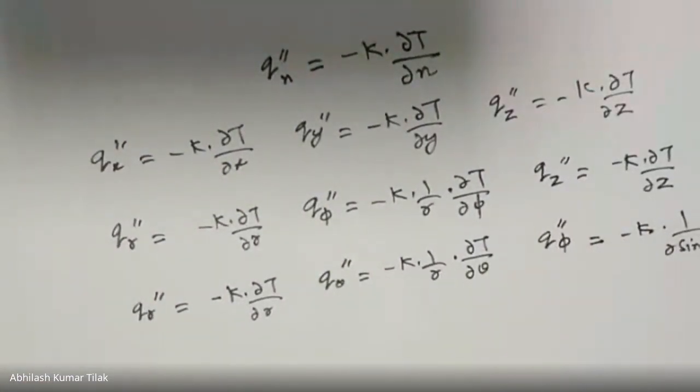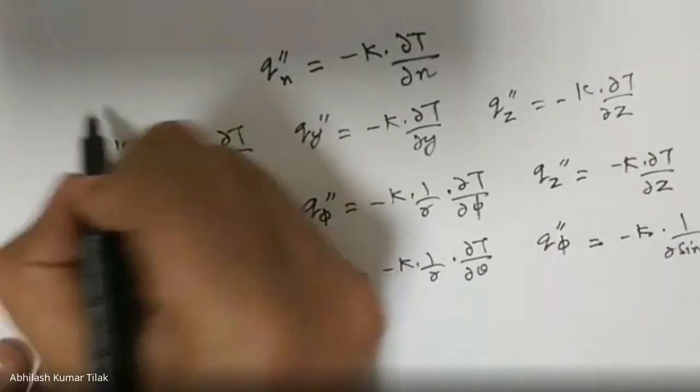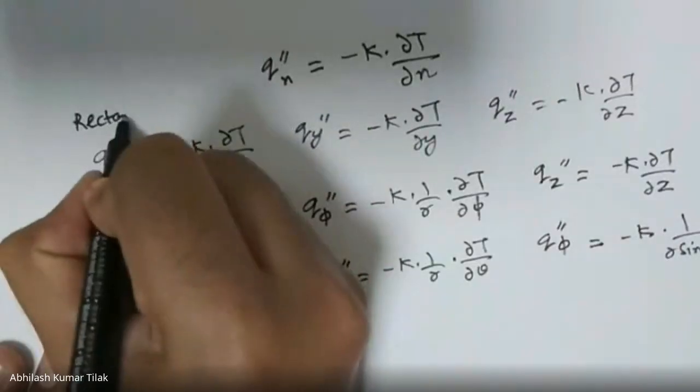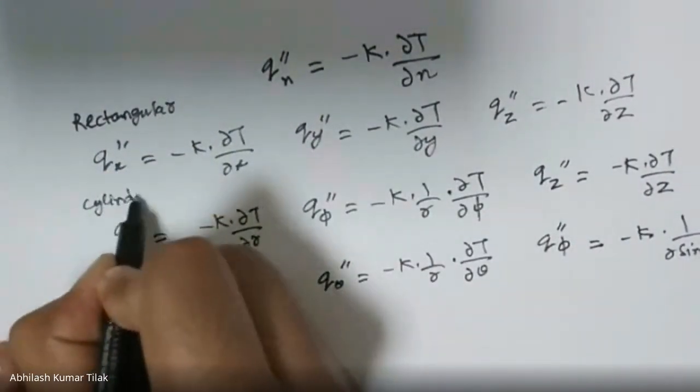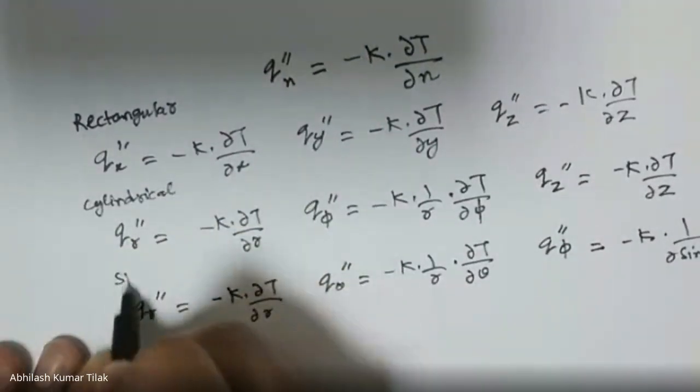So these are the values for the heat flux in the different coordinate systems: first is the rectangular, second is cylindrical, and third one is the spherical.